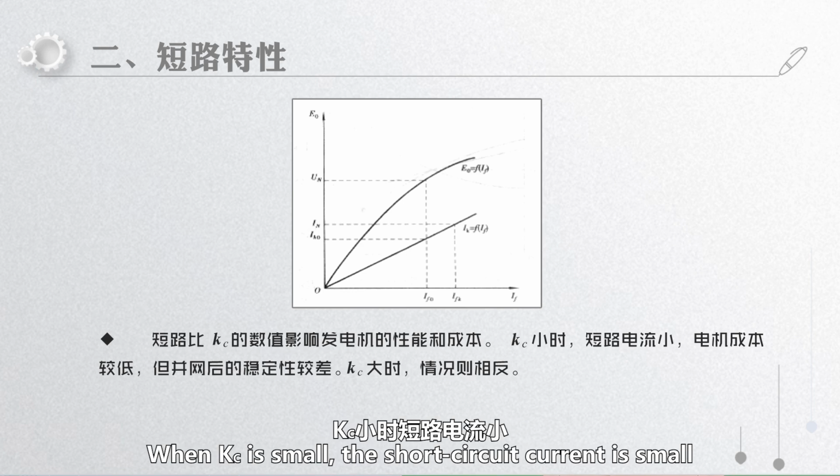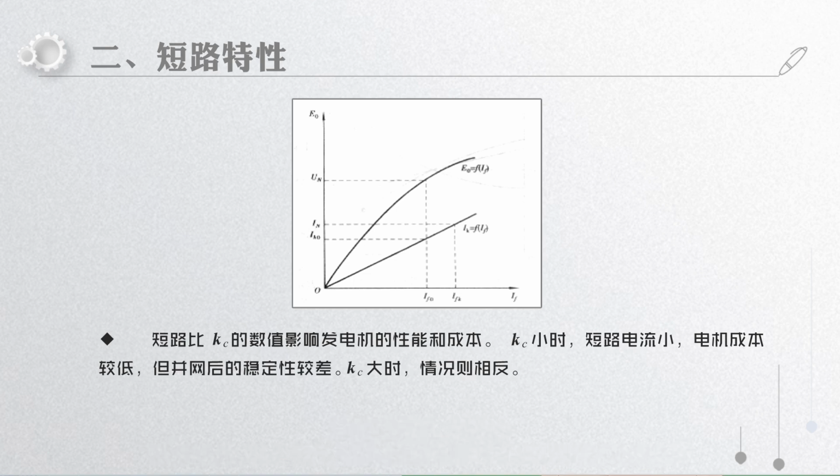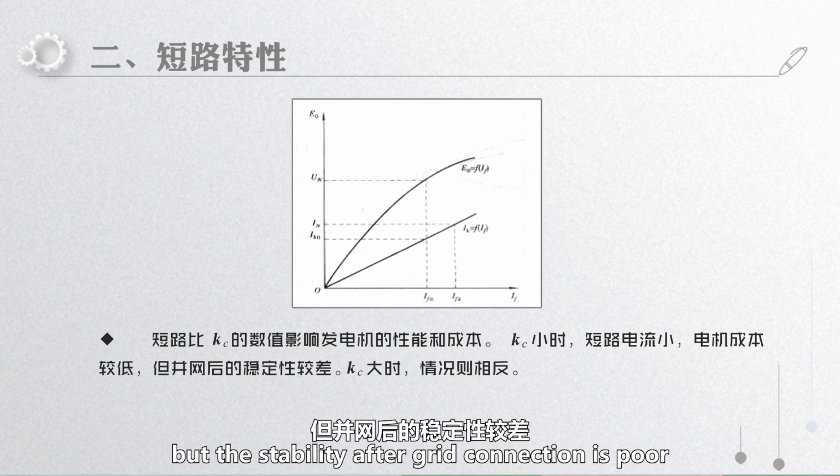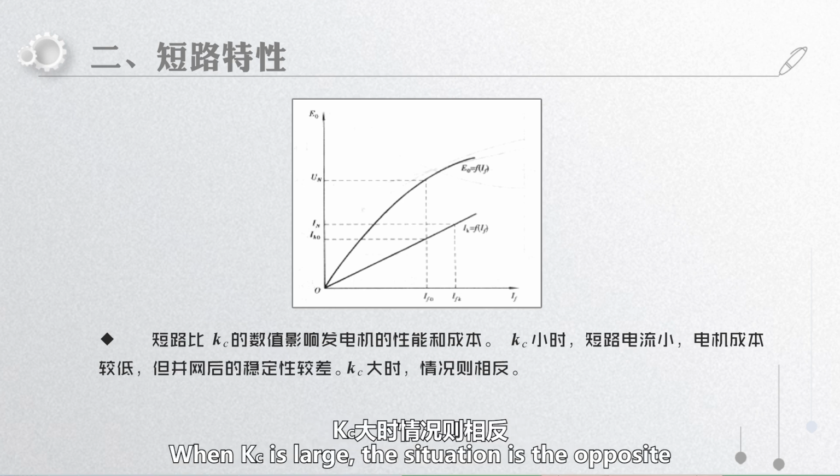When Kc is small, the short circuit current is small. The cost of the machine is low, but the stability of the grid connection is poor. When Kc is large, the situation is the opposite.